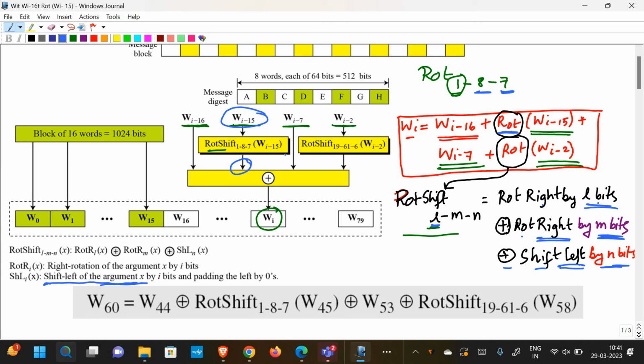See, X means what? X is here W5, because X is here. This is my argument over here. So WI minus 15, whatever 64-bit configuration it has, shift left of that by N bits, padding the left bits with zeros.